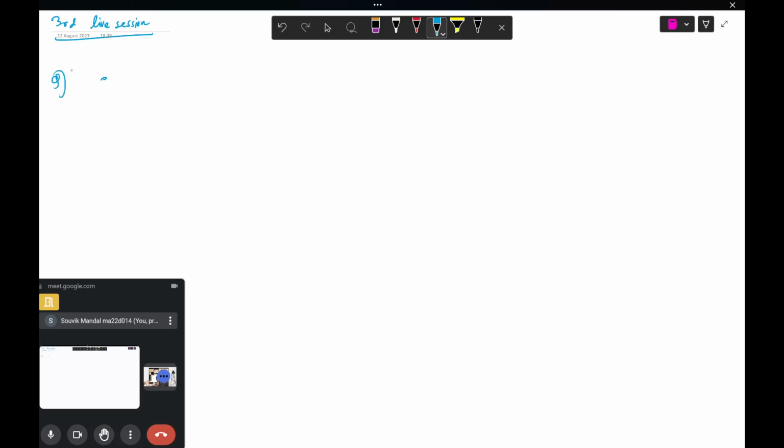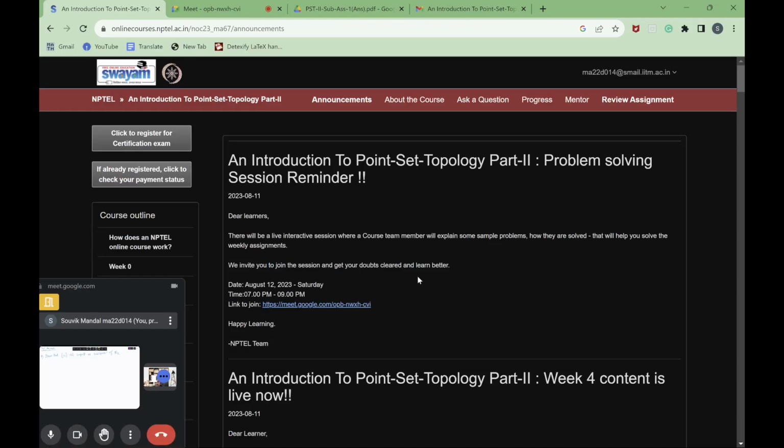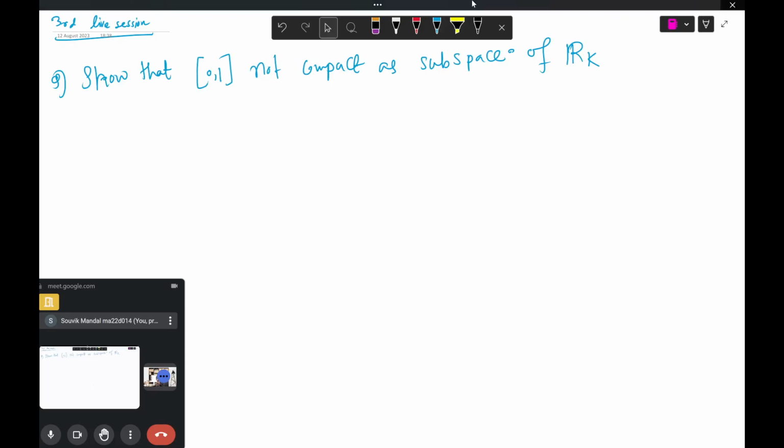So the first question is: show that the closed interval [0, 1] is not compact as a subspace of R. So how to do it?